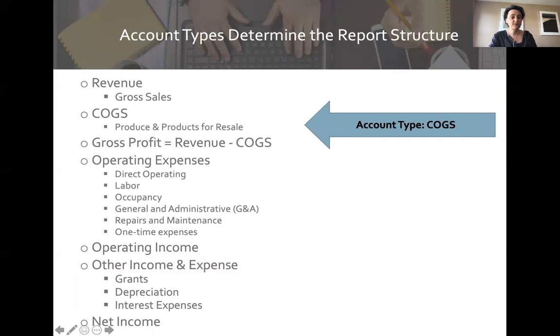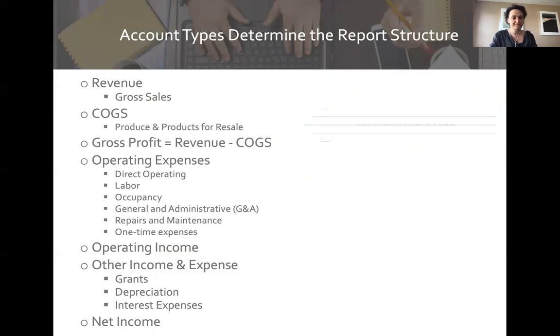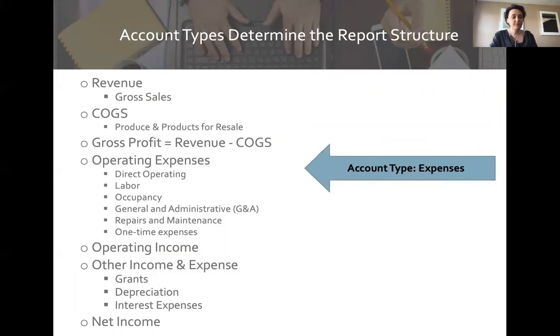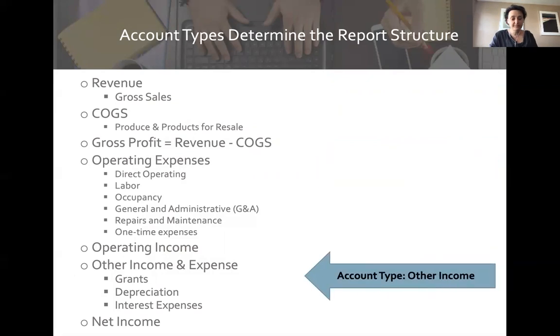Our cost of goods sold as the account type, make sure that it shows up right below the revenue and above the gross profit. So any account that's typed as cost of goods sold is going to show up here. For the operating expenses, these are all going to be expenses, and they're going to show up below gross profit and before the operating income.